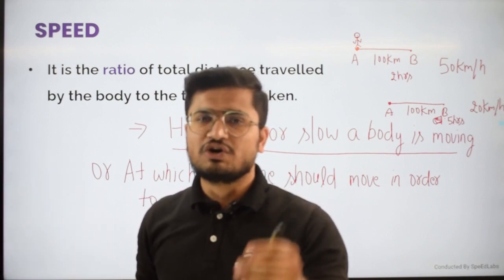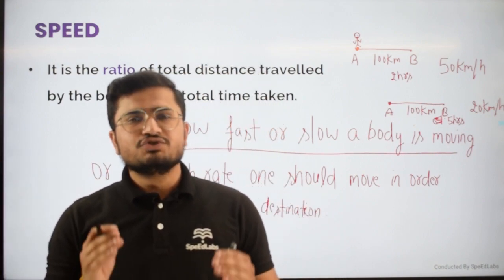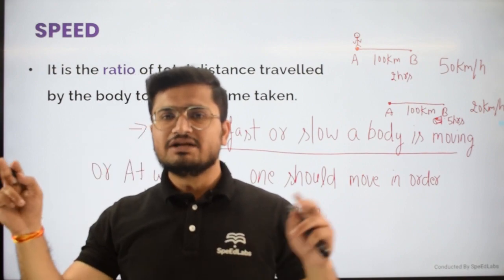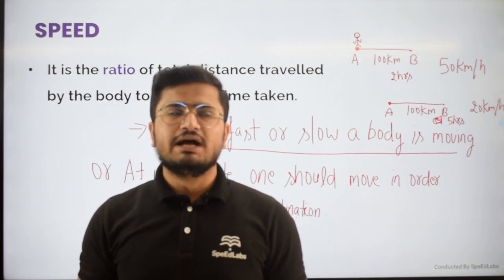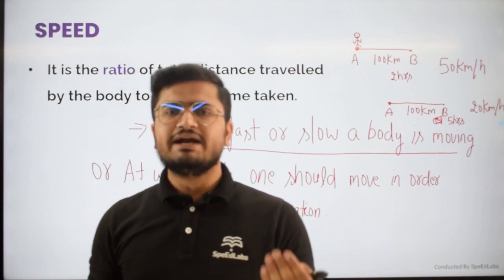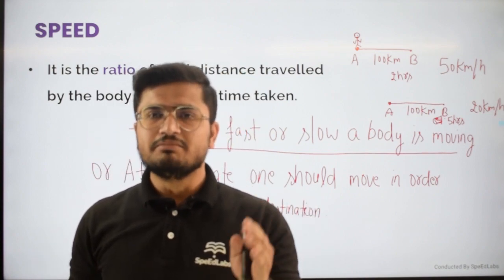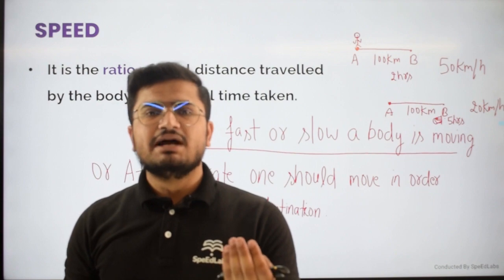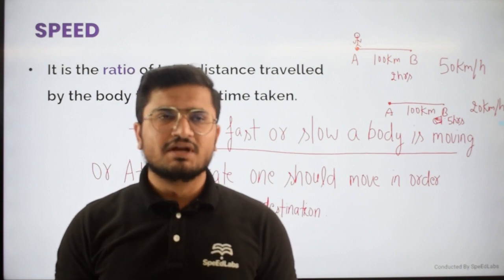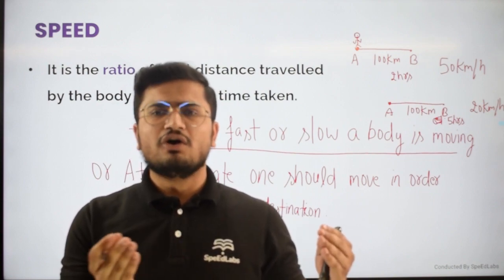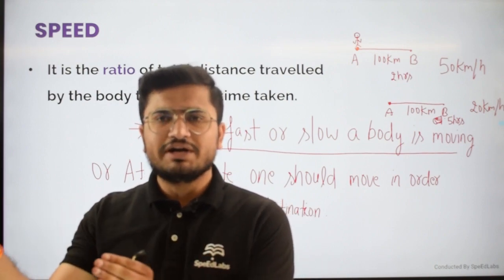Suppose right now you all are watching my video. Your distance from the school to home is suppose 10 kilometer, and you started walking to school at 8 a.m., and your school time is 9 a.m. If you started early, obviously you will go a little bit slowly to the school.